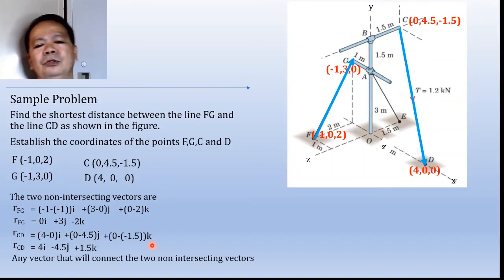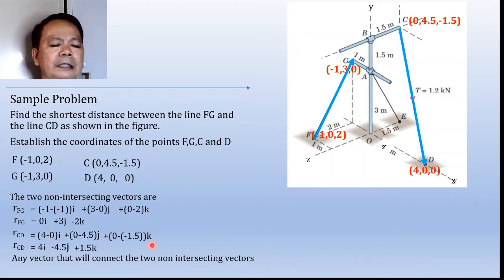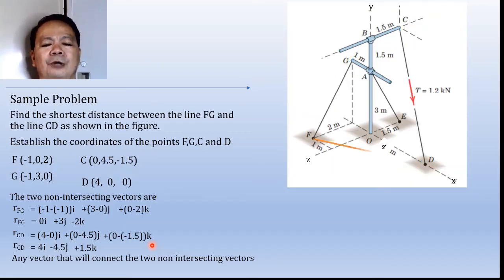And what about those vectors that will connect the two non-intersecting vectors? If you look at the figure, there are several vectors that we can use to connect the two non-intersecting vectors. One of them is this vector that runs from F to D. How are we going to get this vector?